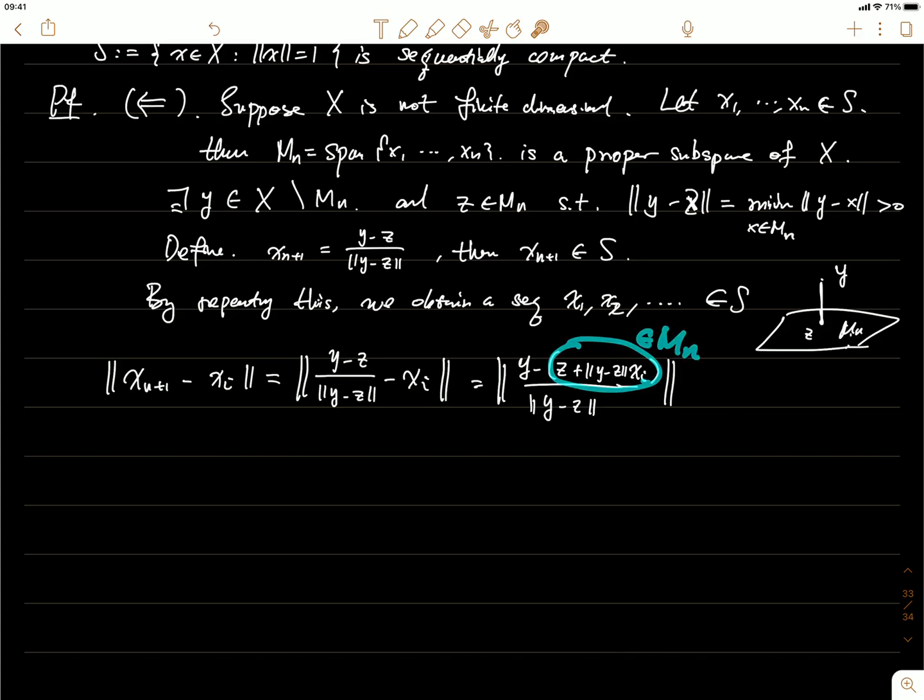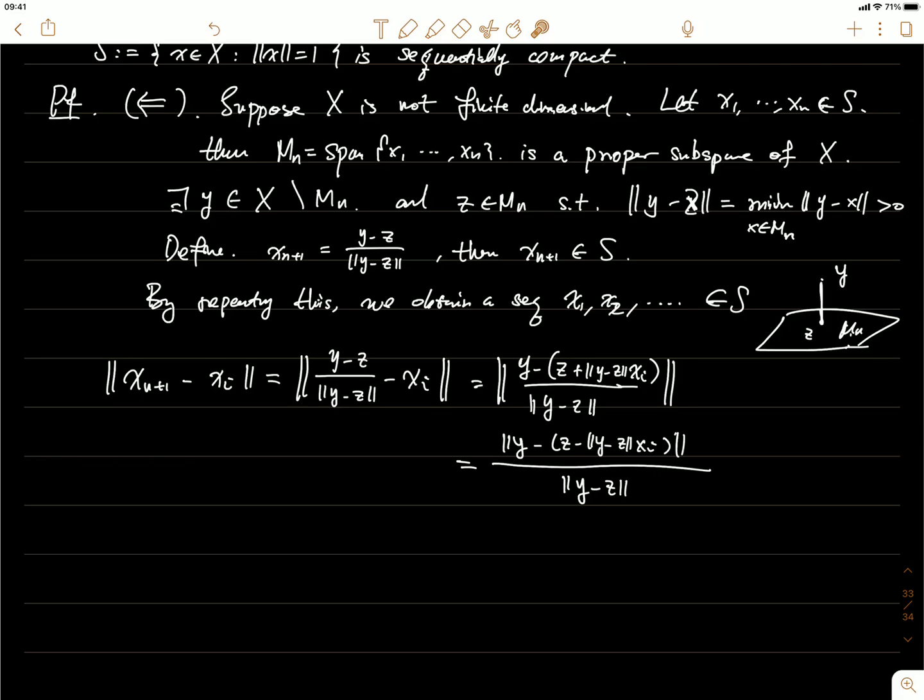And I know that the distance between y and Mn is bigger than or equal to, so this is equal to the norm of y minus z plus the norm of y minus z times x_i. I pull out the denominator.